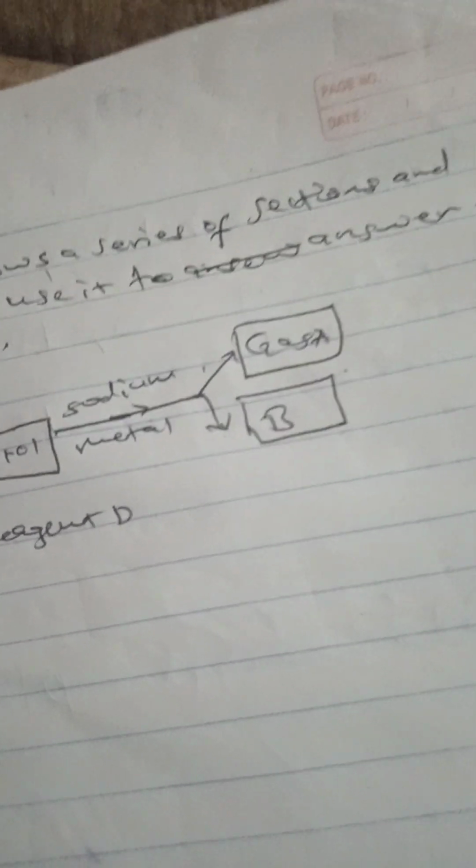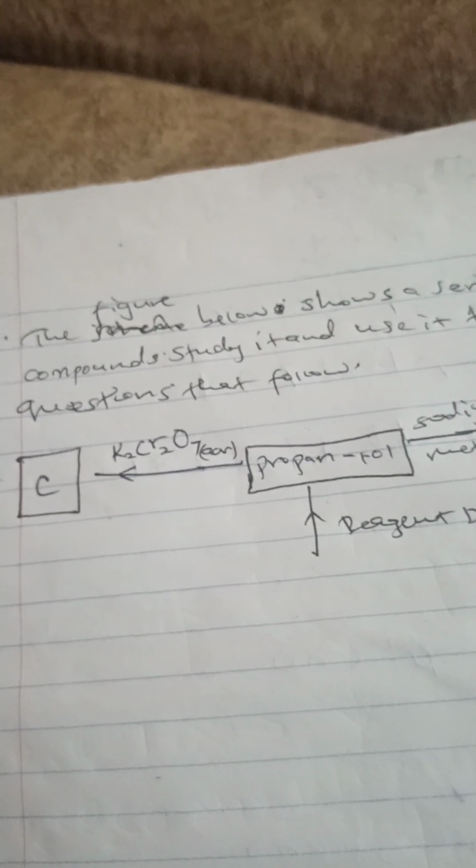So here is question number 1. In other words, these are pre-mock questions. In this question 1, it says that the figure below shows a series of sections and a compound.